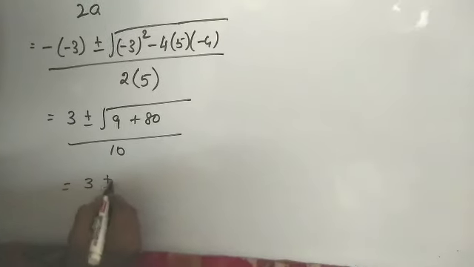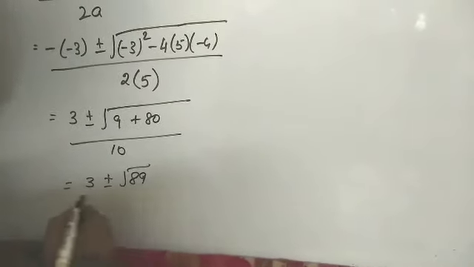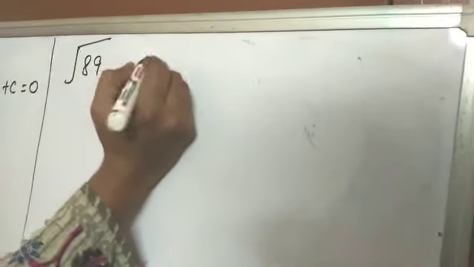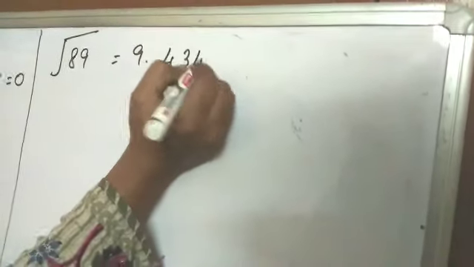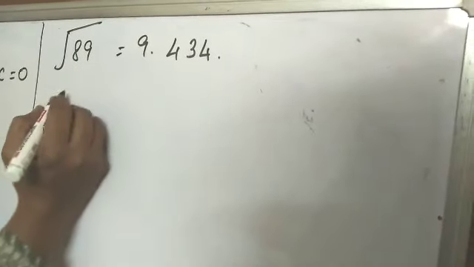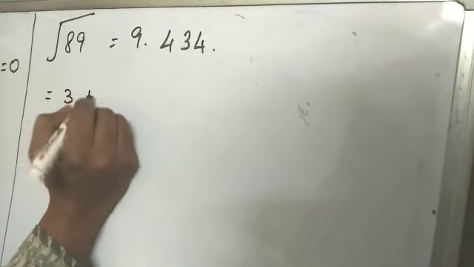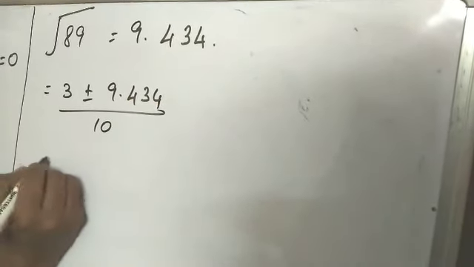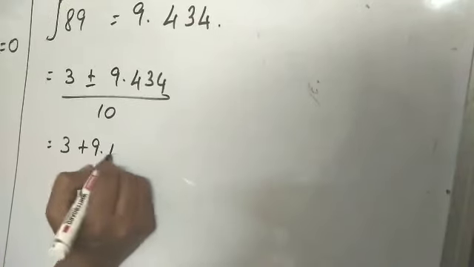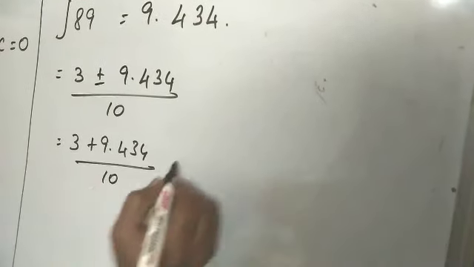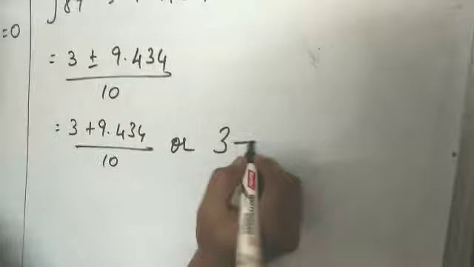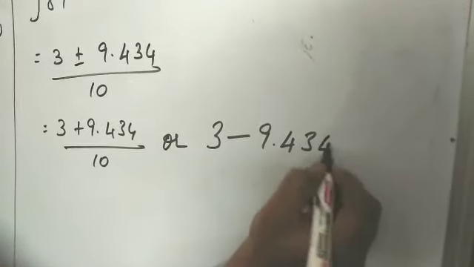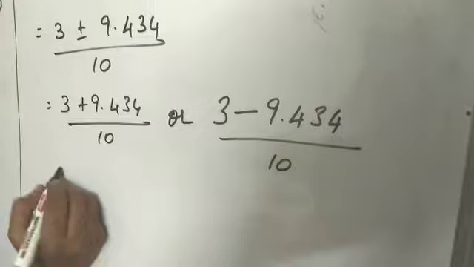Then 3 plus or minus under root 89 upon 10. Under root 89 is equal to 9.434. Okay. Now it is equal to 3 plus or minus 9.434 upon 10. So 3 plus 9.434 upon 10 or 3 minus 9.434 upon 10.